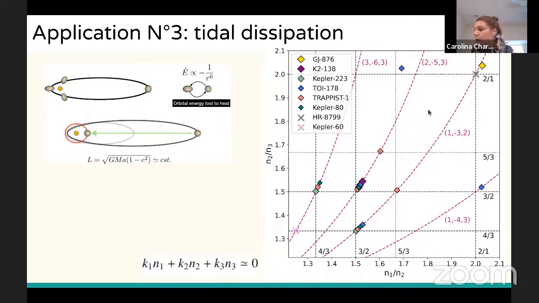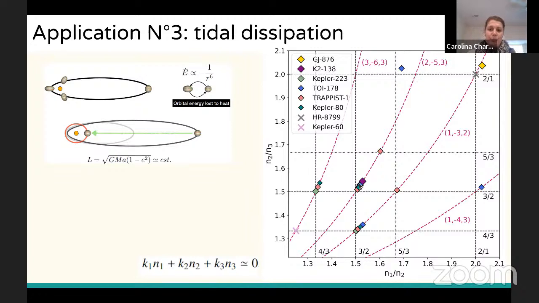And what we did a couple of years ago was to study some particular systems that are in mean-motion resonance, but they are connected via resonances. So they are in what we call a chain of resonances. And so once again, in this plane that I showed you before, we see in vertical lines the mean motion ratios between the first and second planet, and in the horizontal lines the mean motion ratios between the second and third planet.